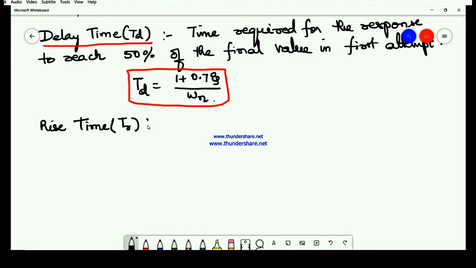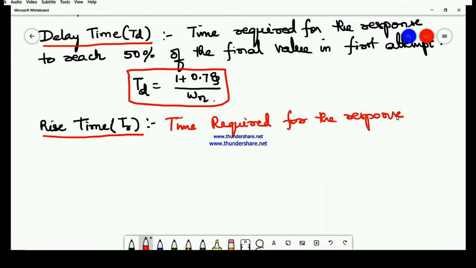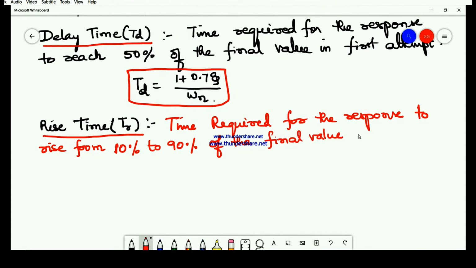The rise time is the time required for the response to rise from 10% to 90% of the final value for an over damped system.